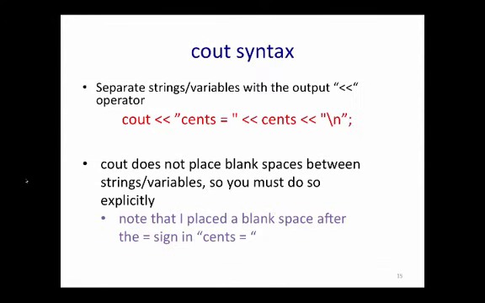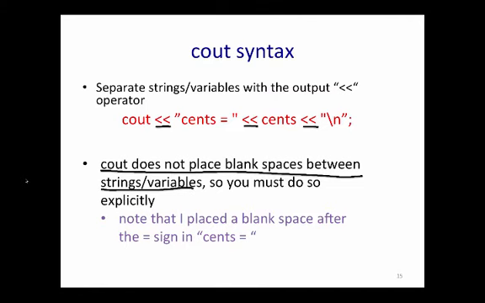So you can think of the less than as a delimiter that separates different parts of the cout statement. It's the same as punctuation, like the comma in a sentence. It helps separate things for the C++ compiler. Another important thing is that cout does not put blank spaces between your strings or variables.